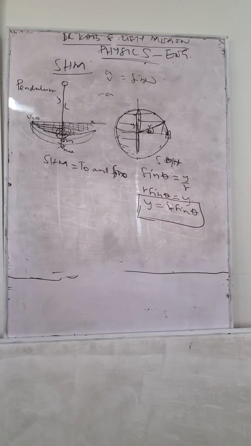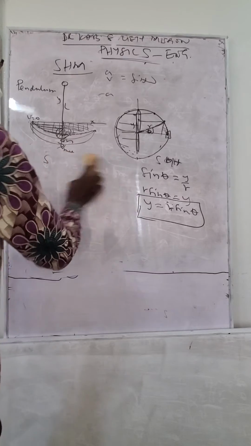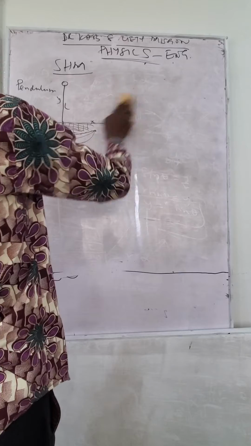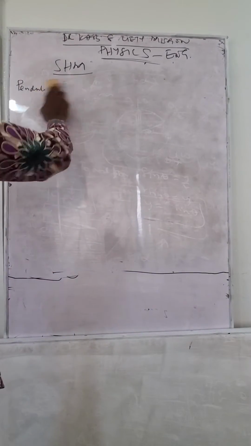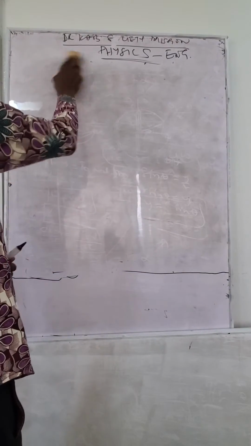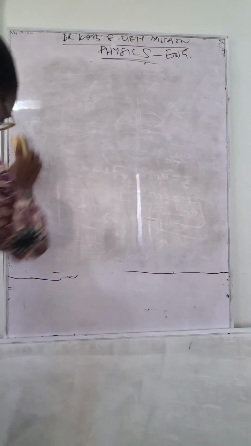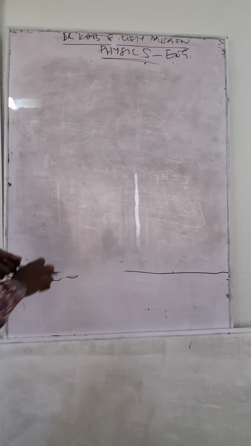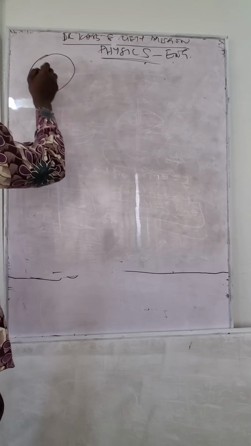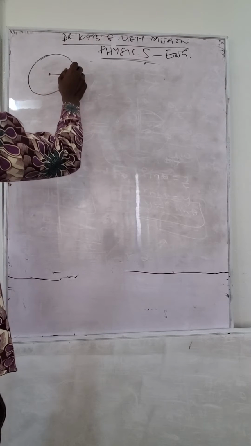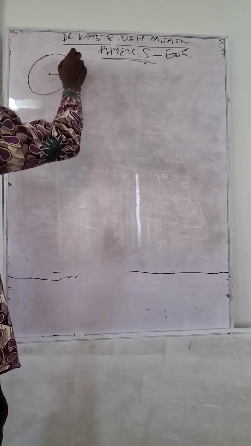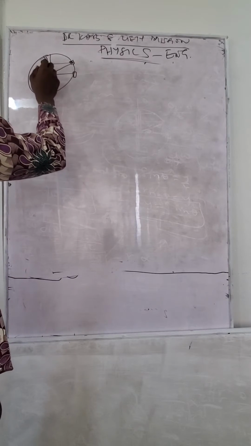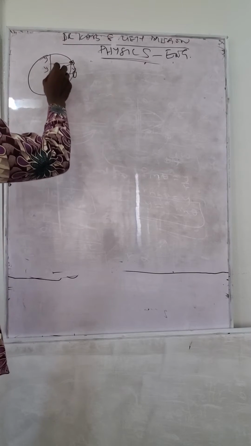So let's see how that will be done. So we said for this circle, the body is here, moves to here, its distance along y will be this, which is the same as y here, and this is theta.